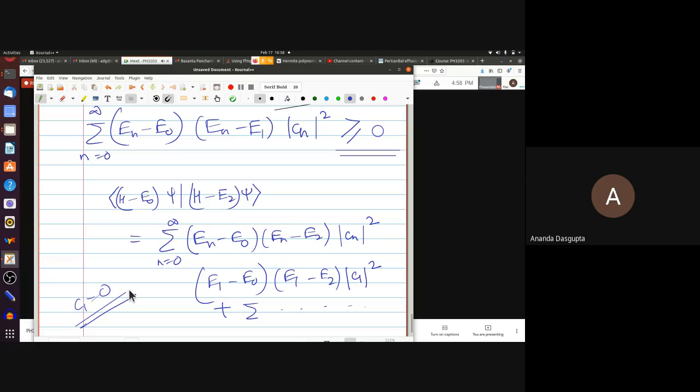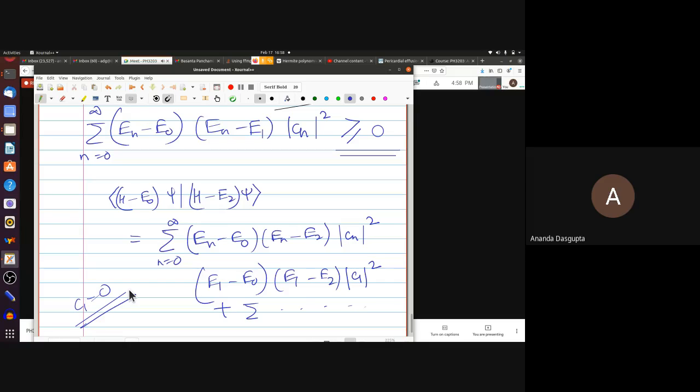Since I took as a family a family of Gaussian functions which are all even functions, all of these functions have zero overlap with the first excited state. I do not know what the first excited state is. It's of course not an exactly solved problem, so I don't know what it is. But what I do know is that it's an odd function. So as a result, what you're going to get is a 0 value for C1.